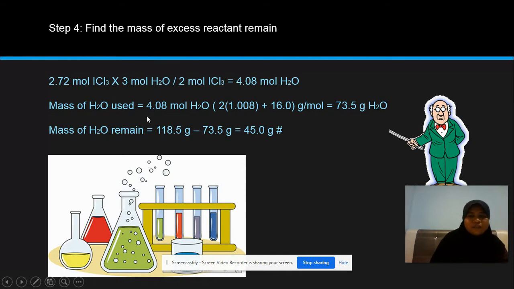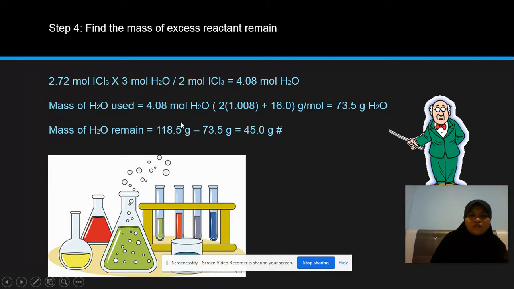We times with the molar mass of H2O, then we get 73.5 gram of H2O.